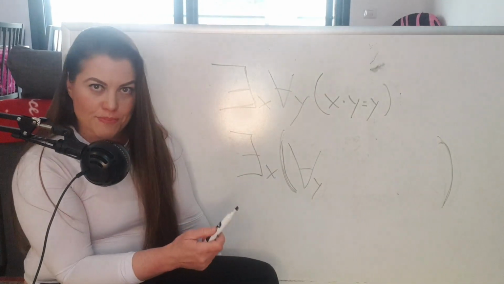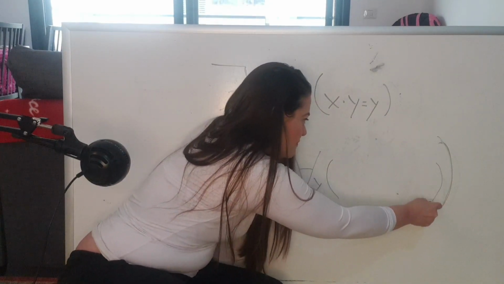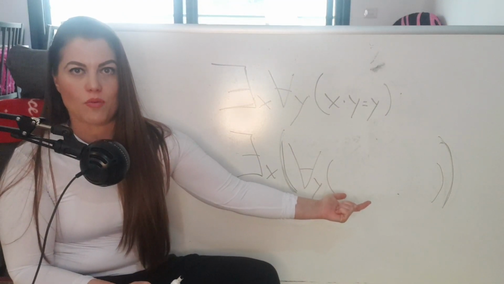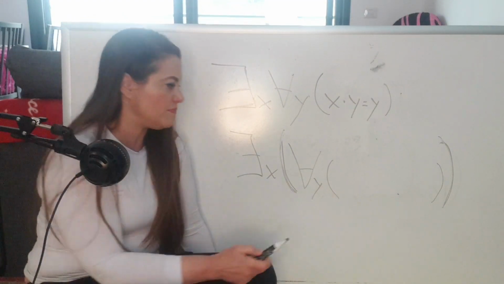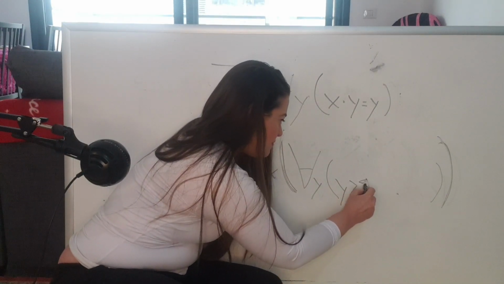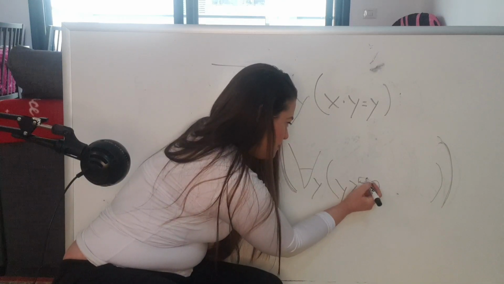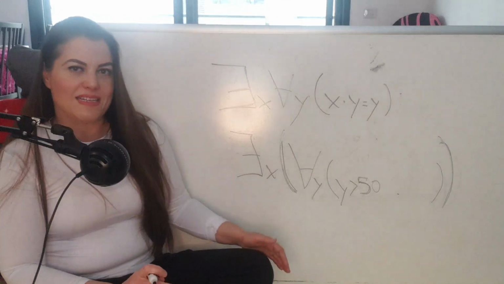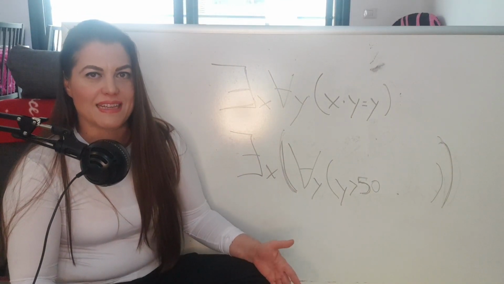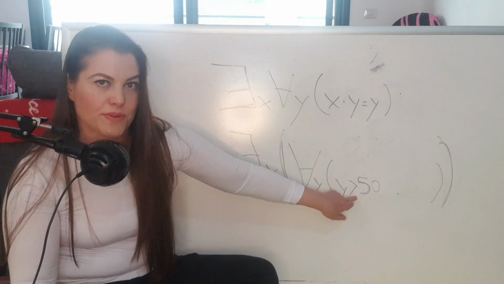So I open another parenthesis, and in the beginning of this parenthesis, I'm going to write this limitation on my world, which makes it smaller. So I said that my world actually consists only of the numbers that are bigger than 50. So I wrote it down here in this part of the smaller parenthesis.